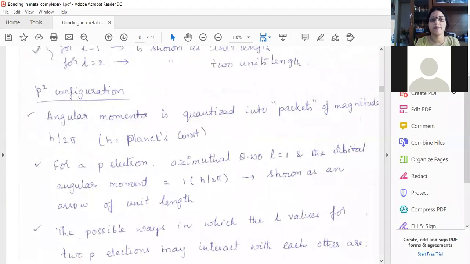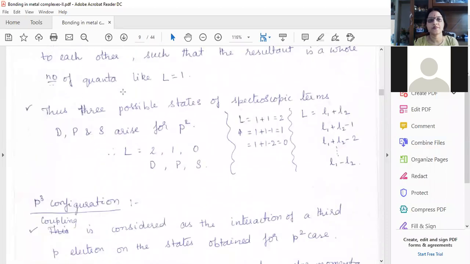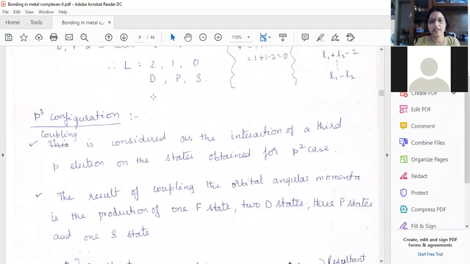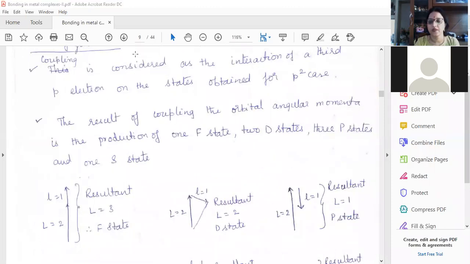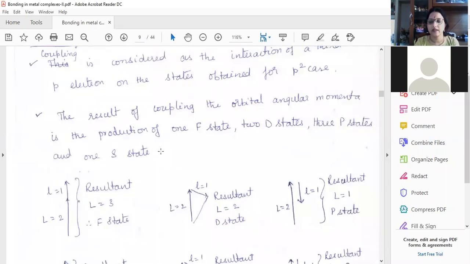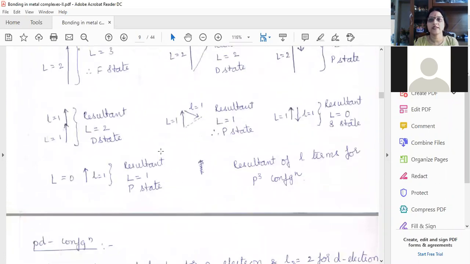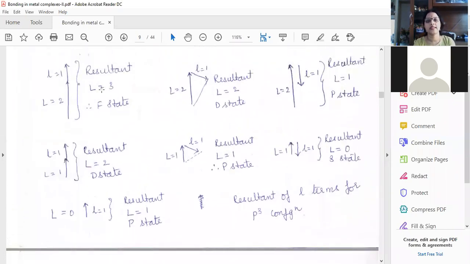We did the p2 configuration and the p3 configuration. For p2, the values of the total orbital angular momentum quantum number we got as 2, 1, 0, represented by the symbols D, P, and S. For p3, we did the same thing and got L equal to 3, an F state, L equal to 2, a D state, and so on.